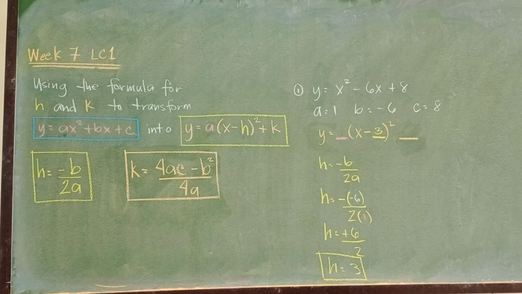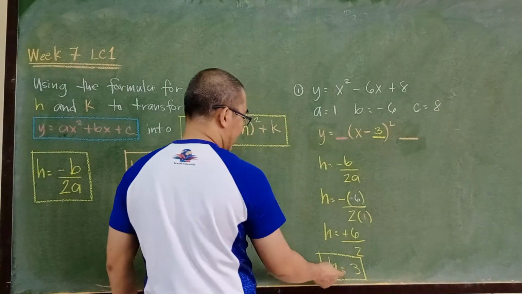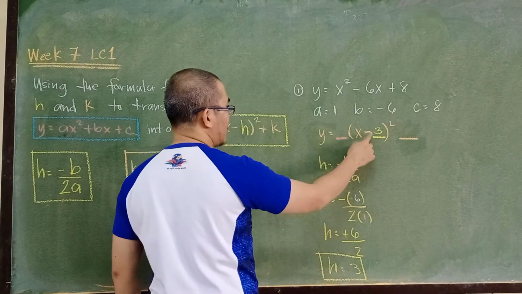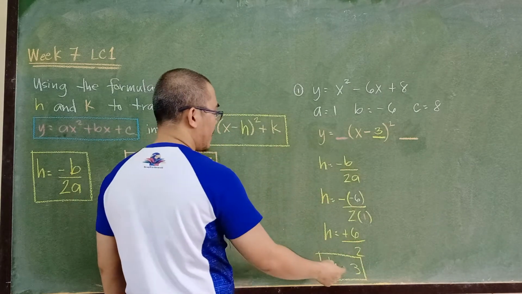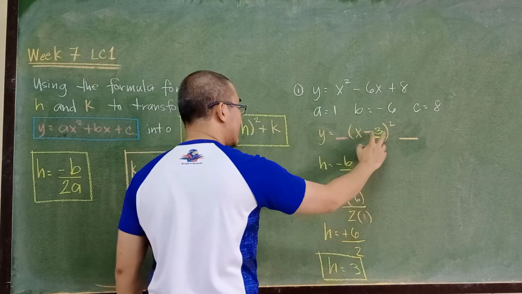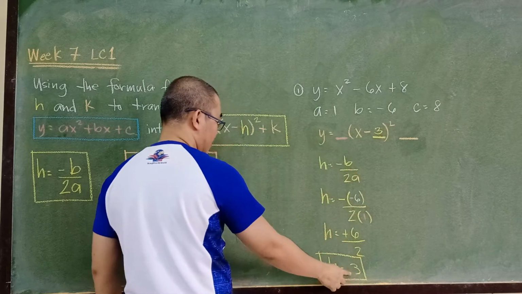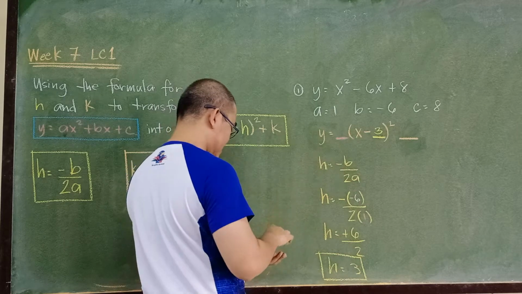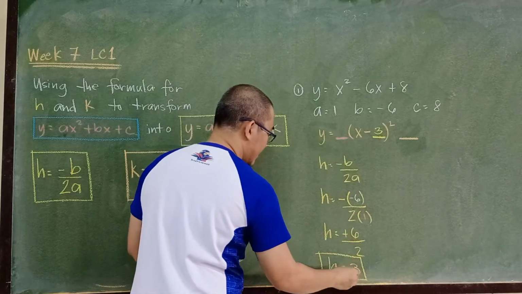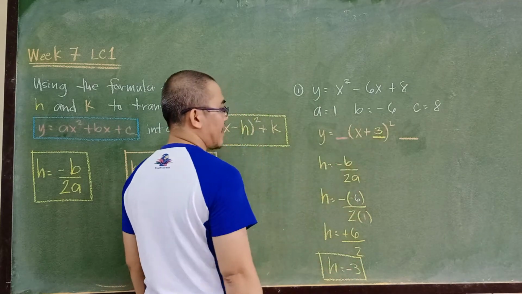Next. So kung mapapansin nyo dito, yung h natin is positive, pagdating dito, negative 3 na. So again, tulad sa ginawa natin sa previous video, yung sign dito will be opposite of this value. So kung negative 3 yan, ilalagay mo dito positive 3. Kung negative yan, dito magiging positive.